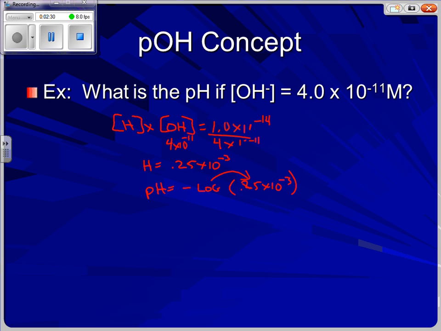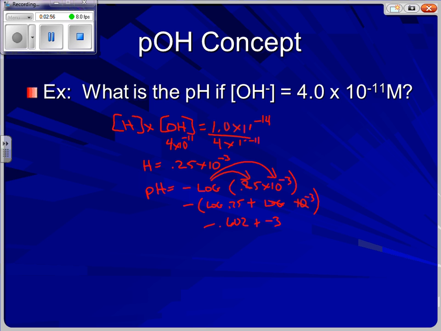Distribute my log, get a negative out in front: the log of 0.25 plus the log of 10 to the negative 3. Remember, these are opposites of one another, so that gives me just negative 3. And then the log of 0.25 gives me a negative 0.602.